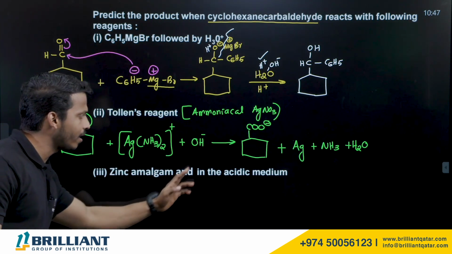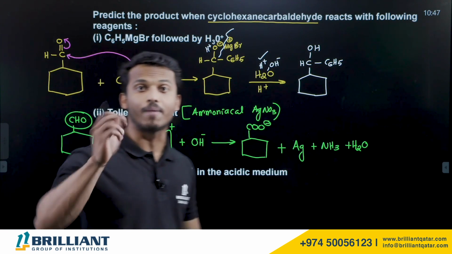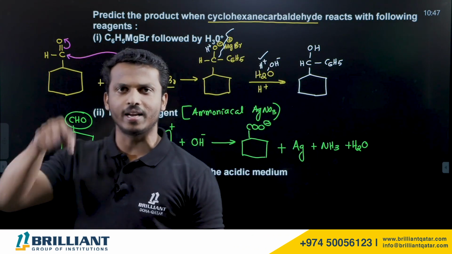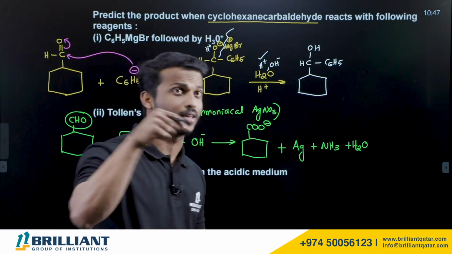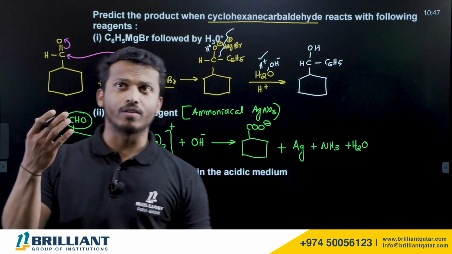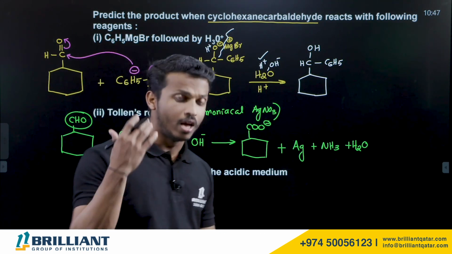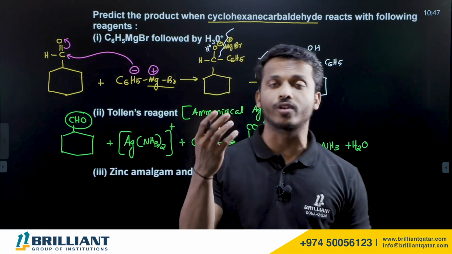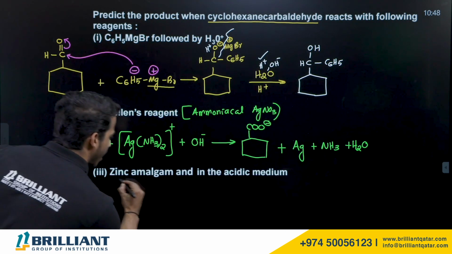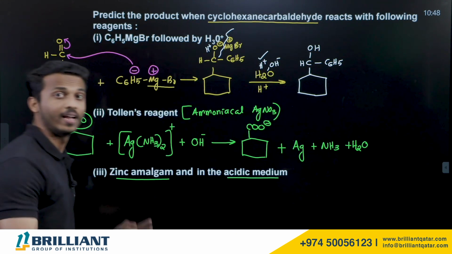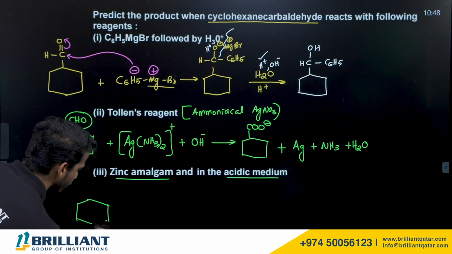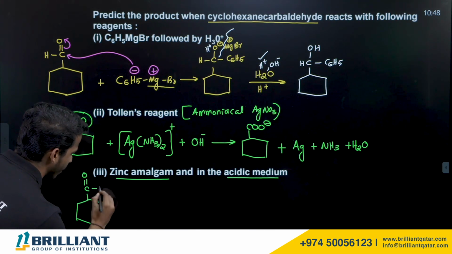Zinc amalgam in acidic medium. You studied zinc amalgam in this chapter of aldehydes, in the reduction of aldehydes and ketones. You studied two very important reductions, Clemmensen reduction and Wolff-Kishner reduction, right? The purpose is the same but the reactions are different. Zinc amalgam with HCl, what is that? Clemmensen reduction. Let me take our starting material once again, cyclohexane carbaldehyde.